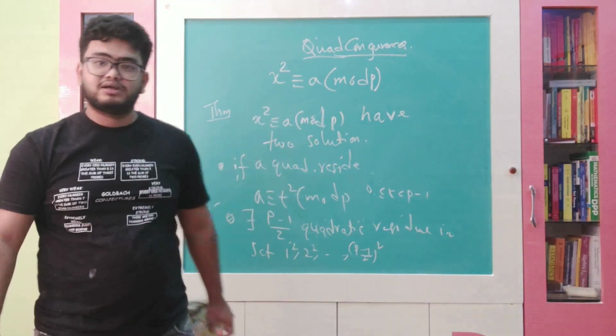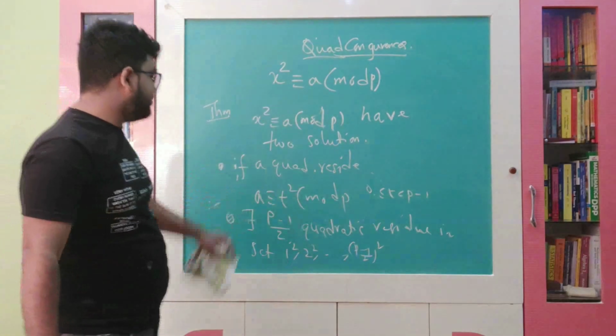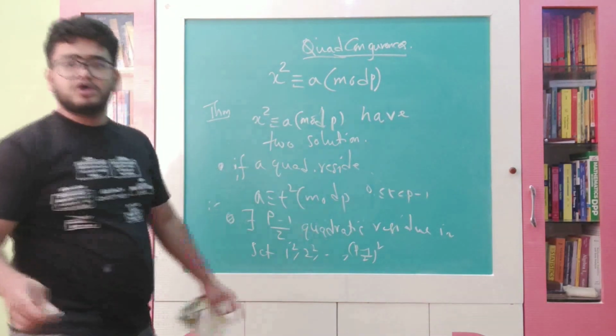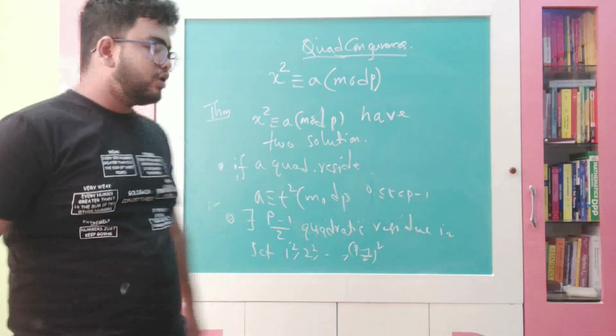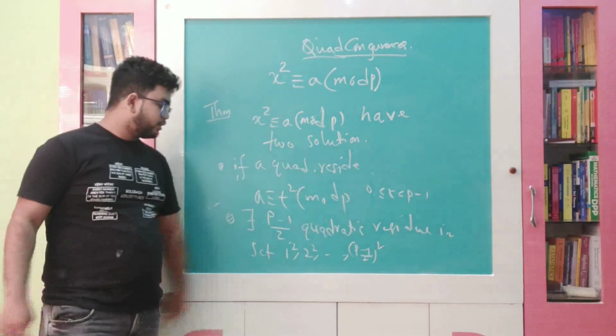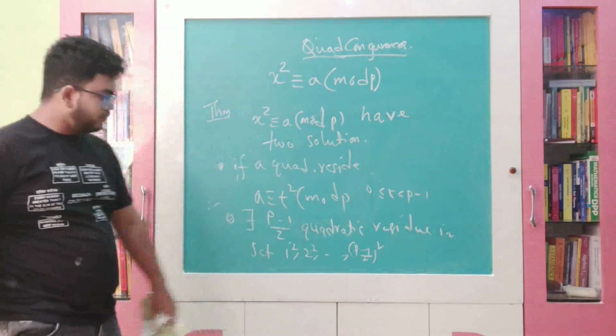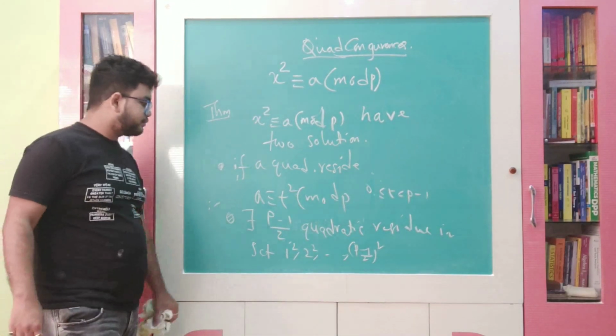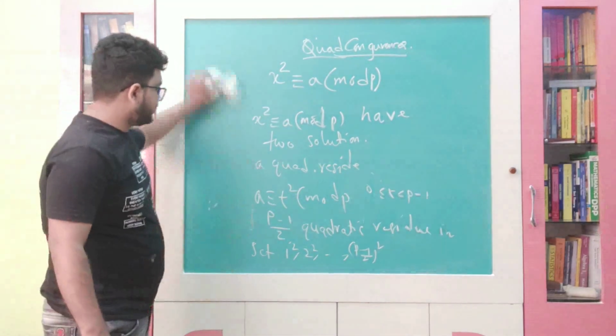That means there are also (p minus 1)/2 non-quadratic residues in the set. Okay, that's it.